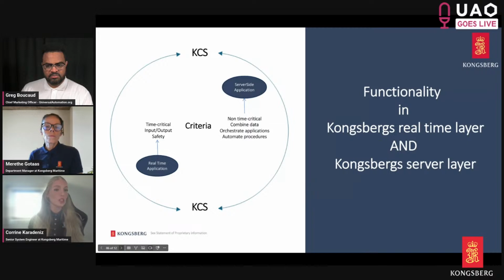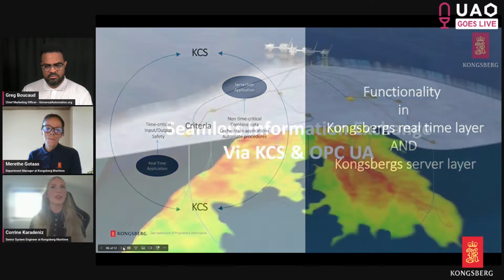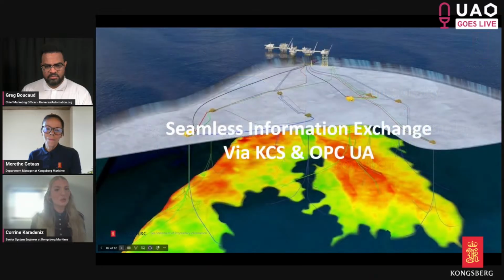And that's what we will discuss further today. So by having this standard, IEC 61499 and UAO, we have functionality both in Kongsberg's real-time layer and the server layer. That's what we can offer to our customers as added value. And then Marietta will talk a little bit about the platform that the project will be installed on.